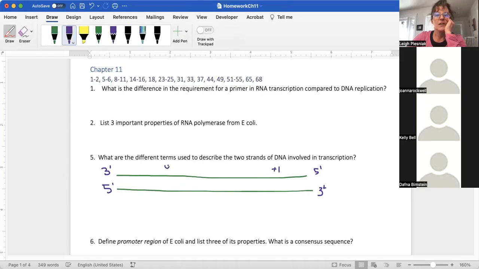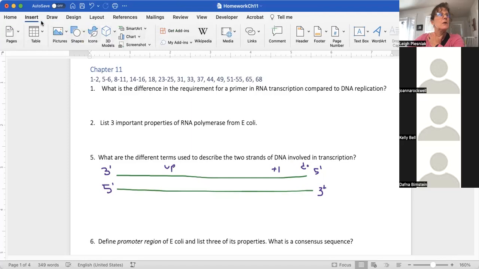This is upstream. This is downstream. Which strand is going to be the template strand, the top or the bottom? Yeah. Because its 3' is upstream. So this will be the template.